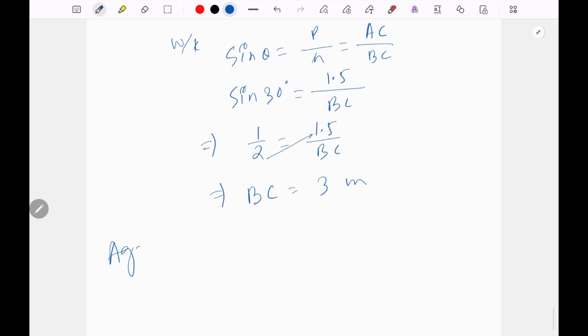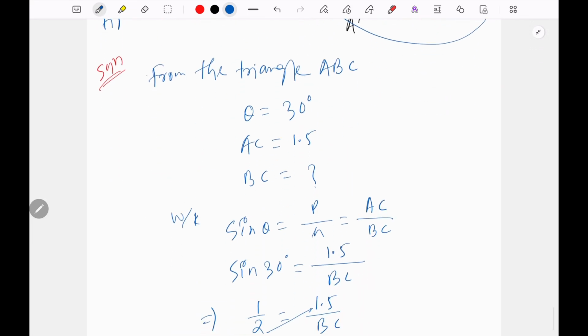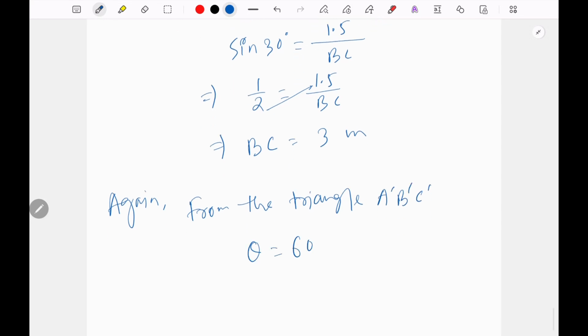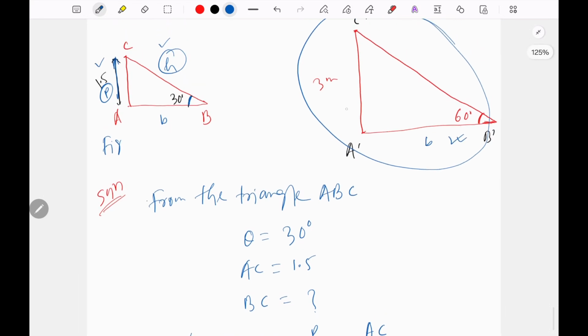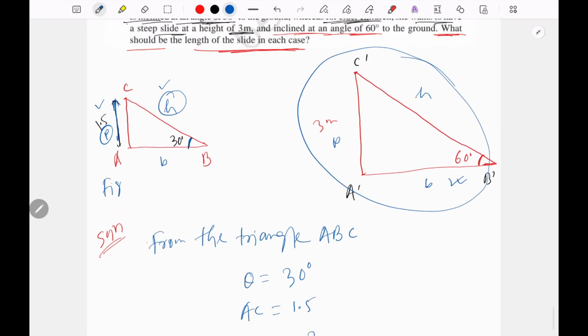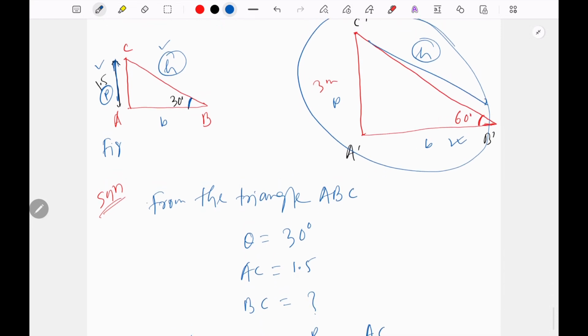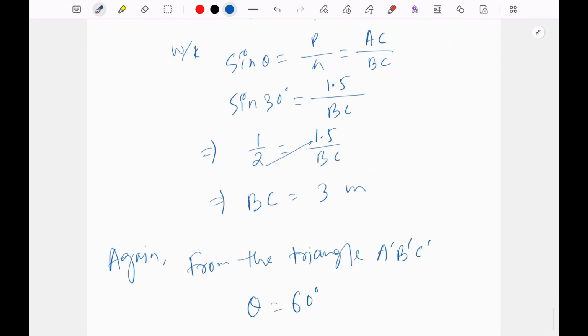Next, again from the second figure, from the triangle A dash B dash C dash, theta is 60 degree. If this is theta, this is B, this is P, and this is H. We need to find this H, that means B dash C dash. P is A dash C dash, which is 3 meter.